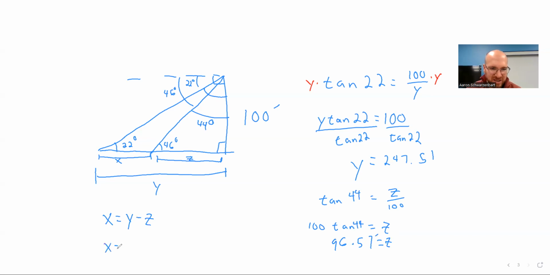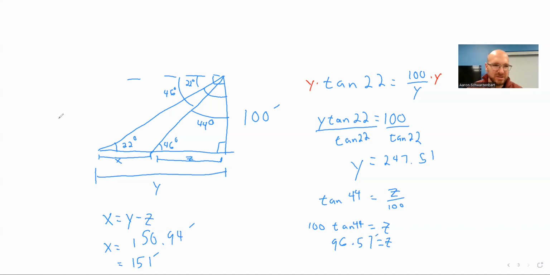And that gives me x. The distance the car traveled was 150.94 feet, or probably round that off to 151 feet. They did 150.9 in the book.